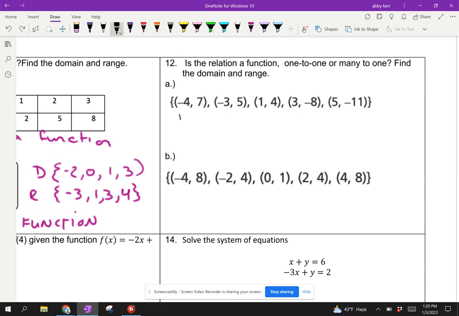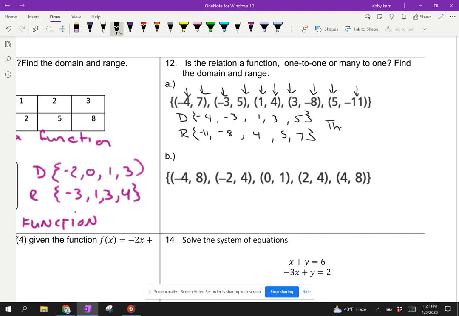So the domain are all of our x's. So write it smallest to biggest. Our range, be careful, negatives are smaller. So negative 11, negative 8, 4, 5, and 7.